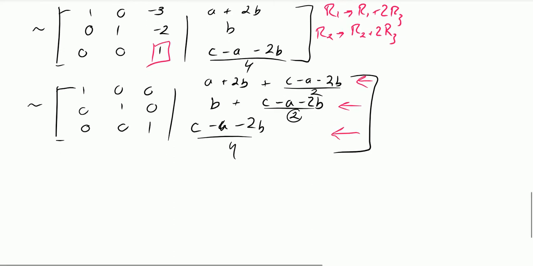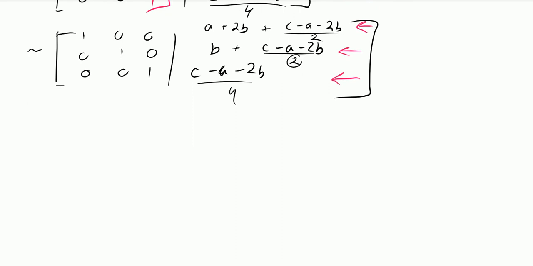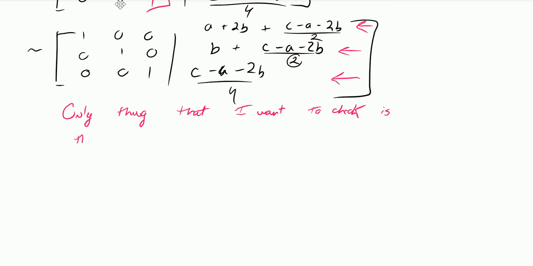The only thing that matters now, the only thing that I actually wanted to check, is that C1, C2, C3 have a real solution. That C1, C2, C3 have an actual solution, like you can assign them a specific number.